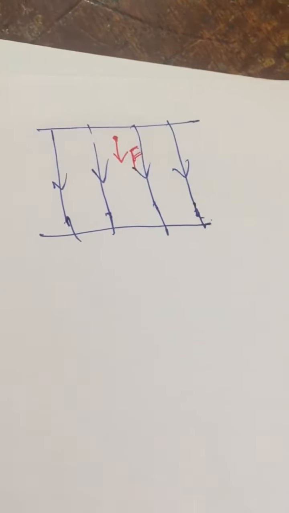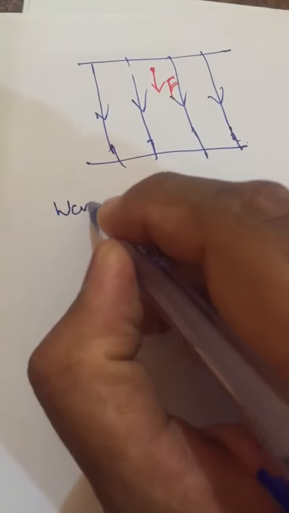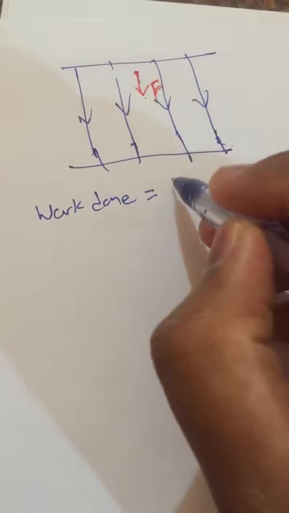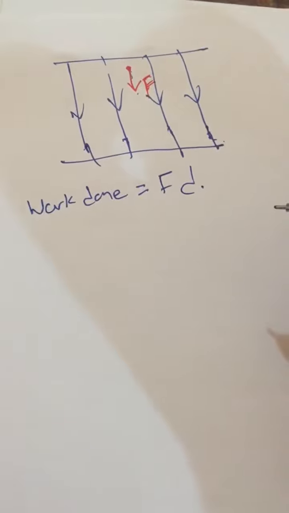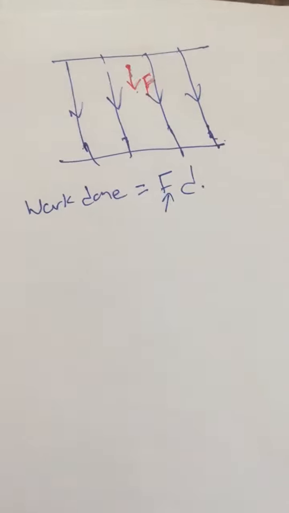So first, if we want to find the work done, the work done is equal to the force times the distance moved, right? Now there are two forces here.